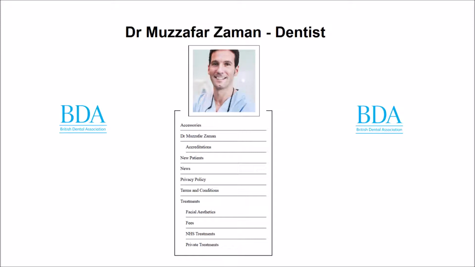When the tooth above starts to bite on this gum flap, the gum flap will get traumatized, and in doing so, it becomes even more swollen and even more infected.